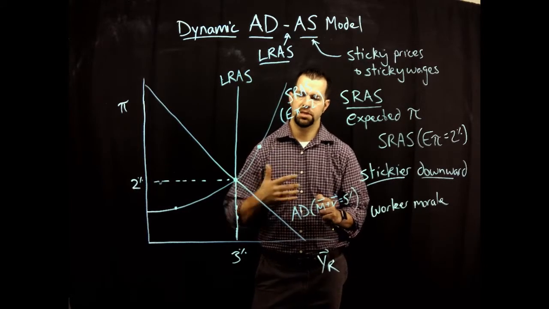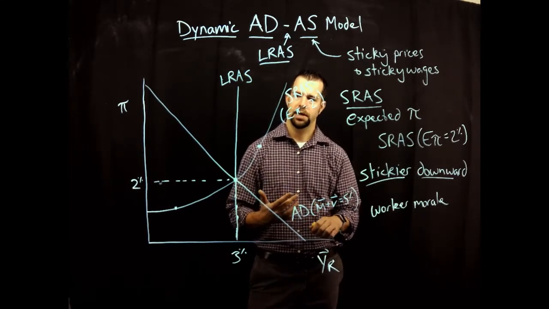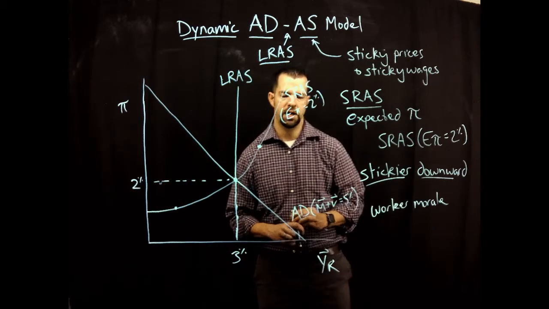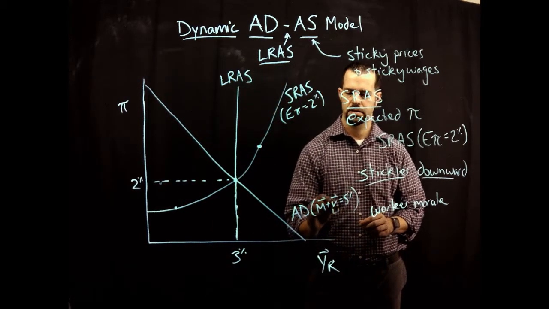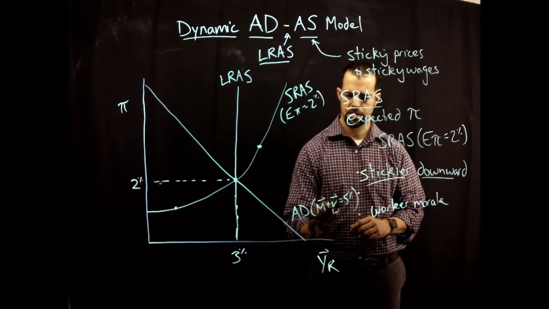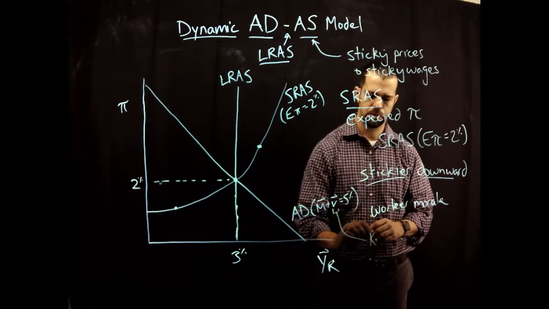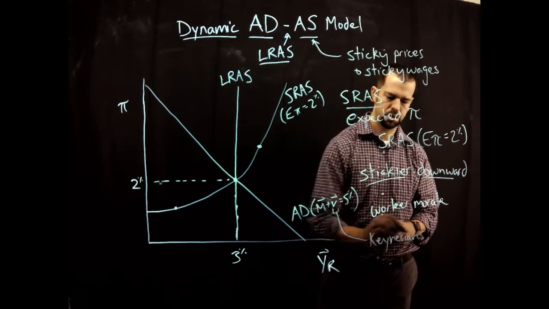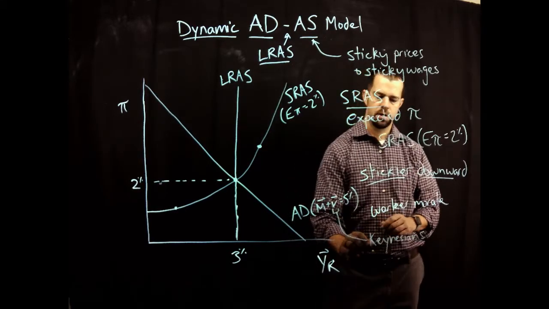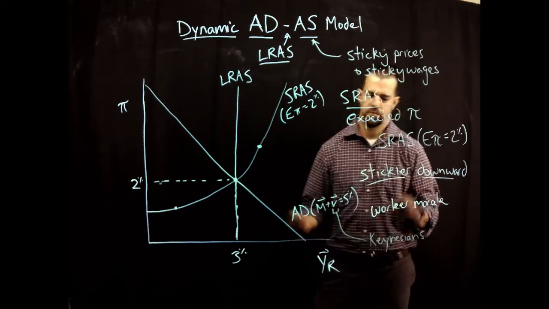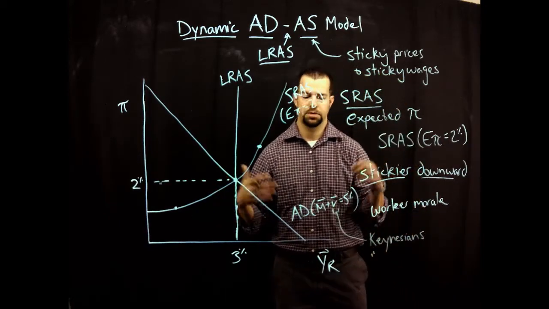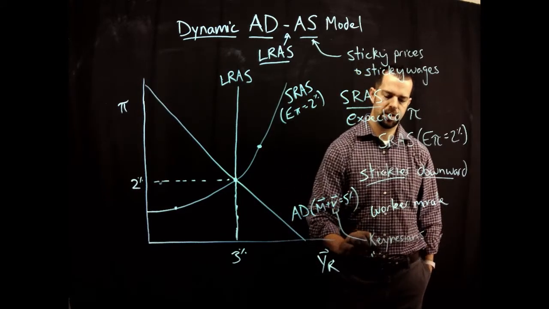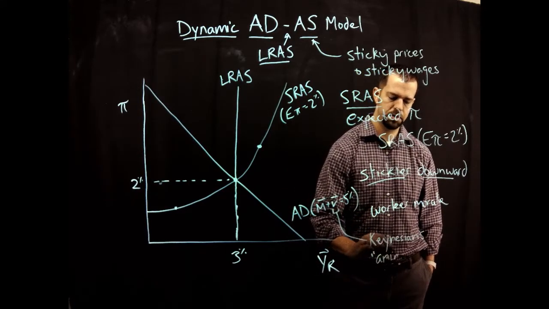Now, if this is a positive shock in the Keynesian sense, then it's going to be a shock to V. Okay? And so the Keynesian school, I'm just going to say Keynesians for short, comes from the father of macroeconomics, John Maynard Keynes, and he talks about this notion of animal spirits.